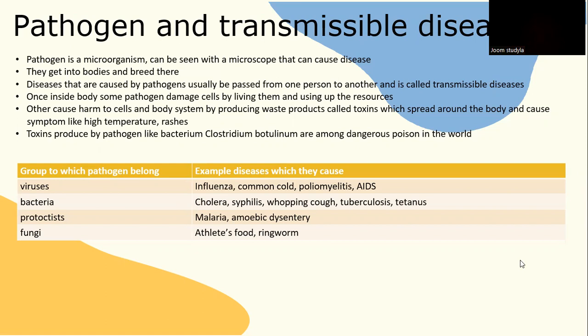The table below shows the 4 kinds of microorganisms that can act as pathogens and some of the diseases that they cause. For example, viruses cause influenza, common cold, poliomyelitis, and AIDS.